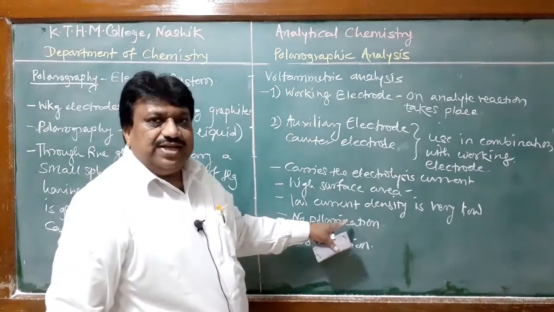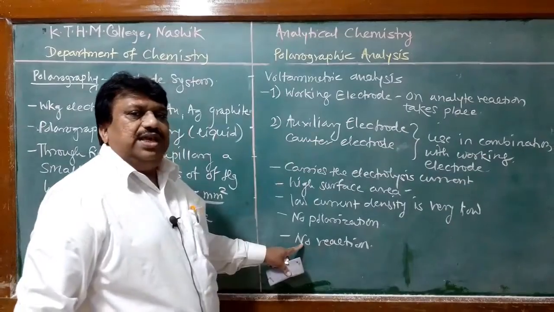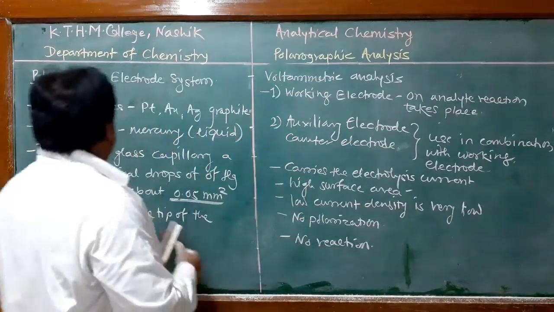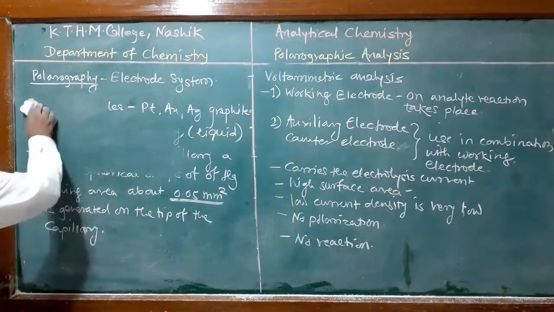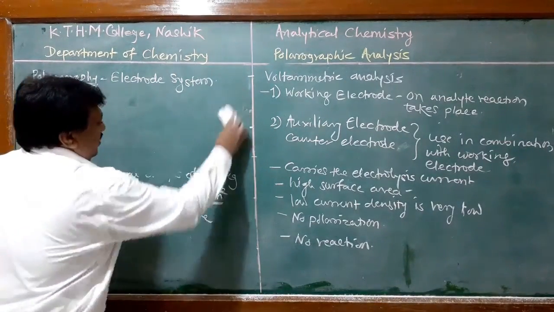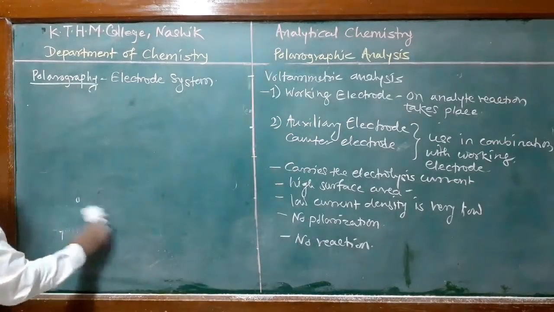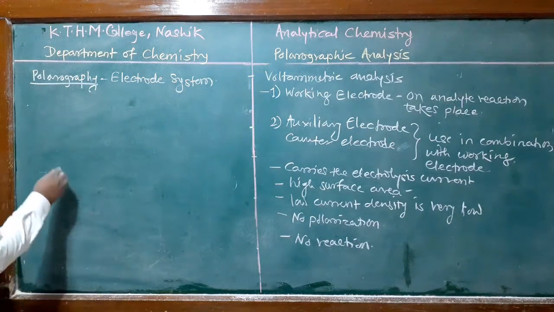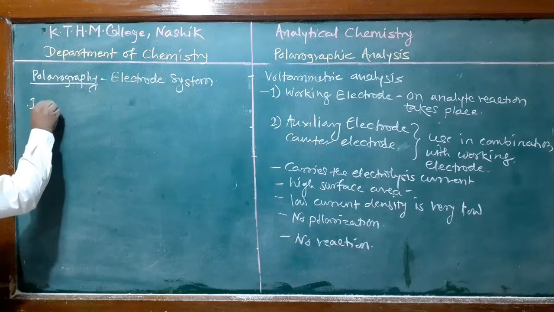Therefore, there is no polarization of the counter electrode, and no reaction on the counter electrode. In polarography, the counter electrode is made up of mercury. Excess mercury present at the base of this cell acts as a counter electrode.